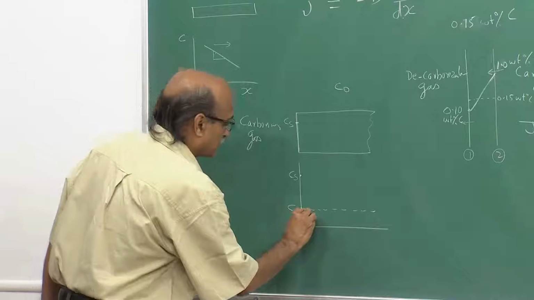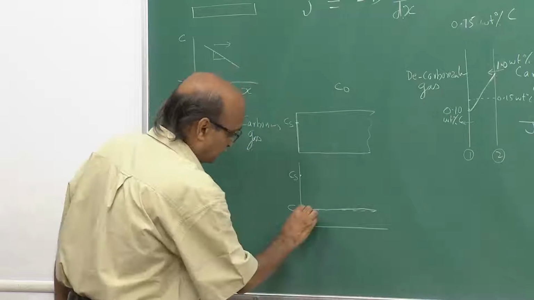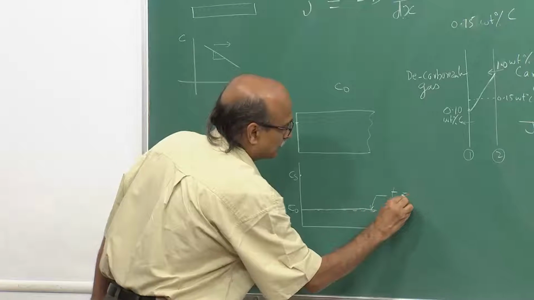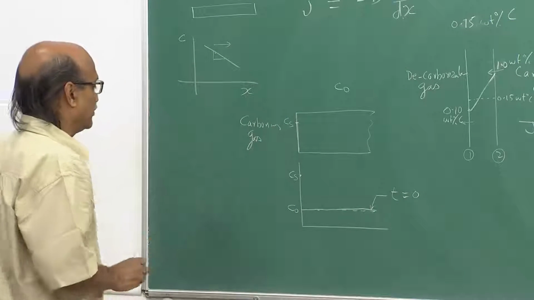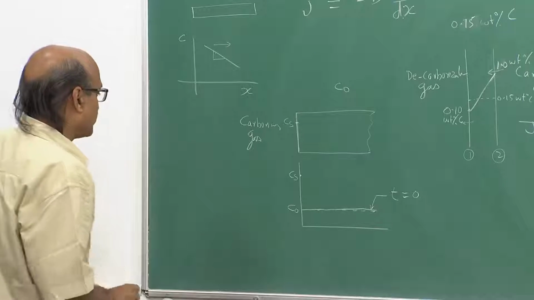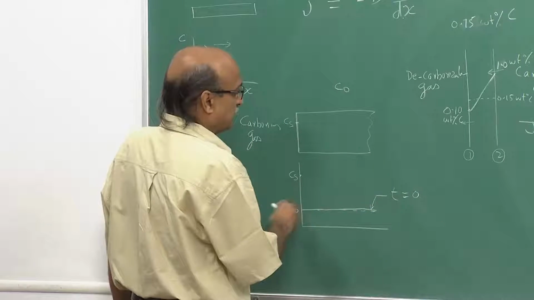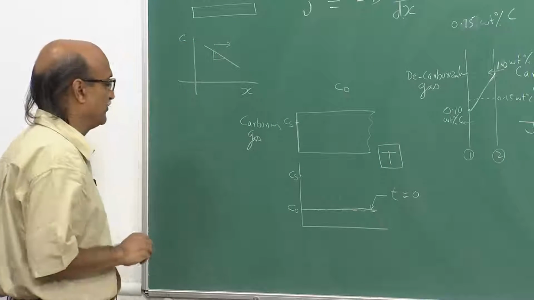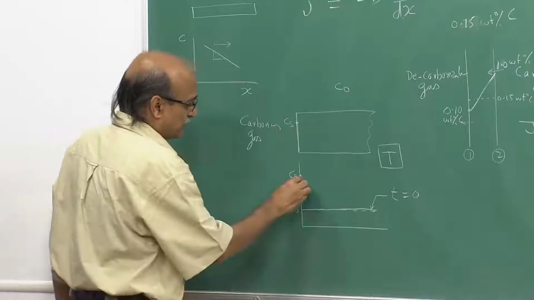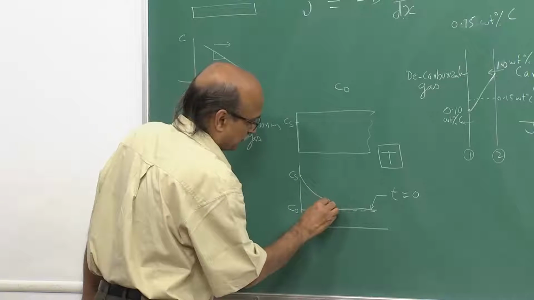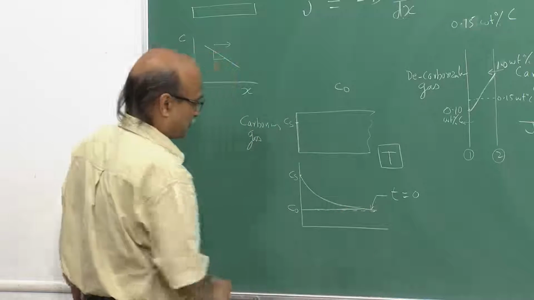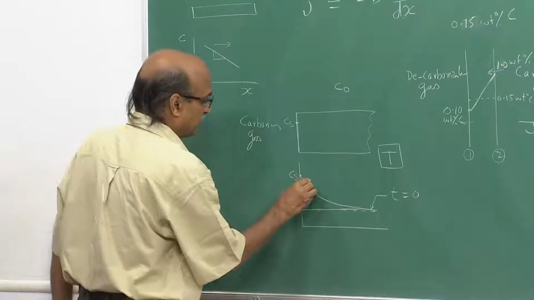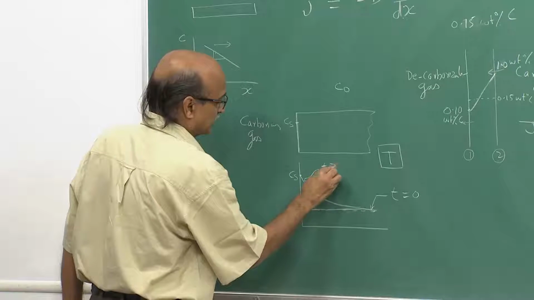So, this is the concentration profile at t equal to 0. But we are keeping this at some high temperature so that carbon atoms can diffuse. After some time, the concentration profile would become something like this. So, this is at some time t greater than 0.